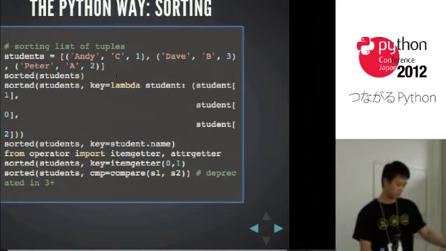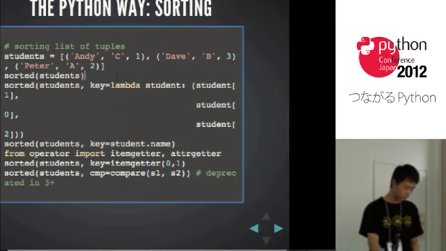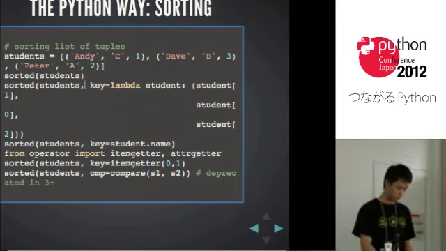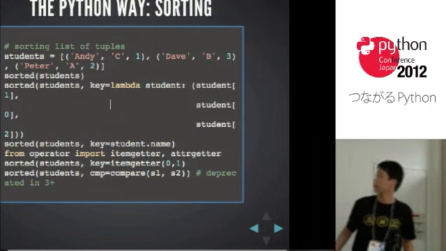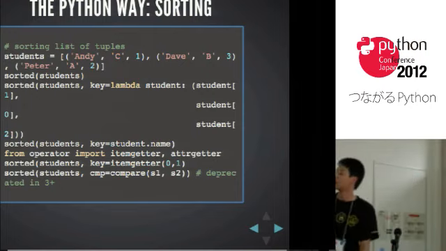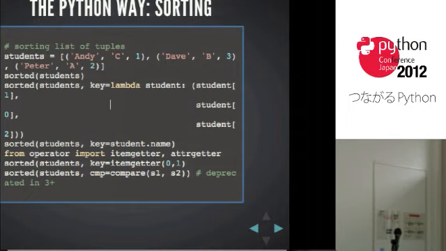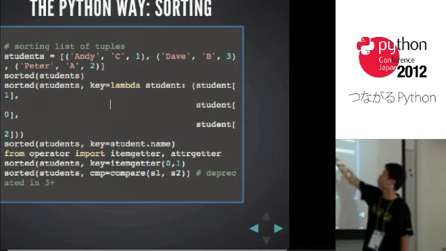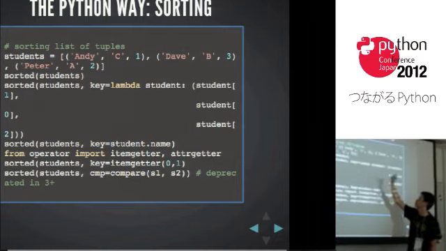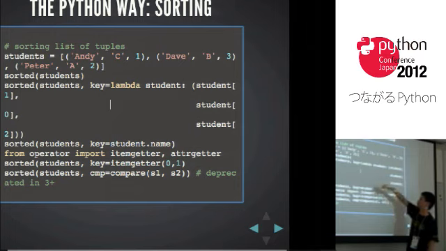For example, like in this example. So you can sort by the index, or if you have a class student, then you can sort by its attributes. And by default, if you don't specify the key, then it will basically sort from the 0 index and then the first index and so on.